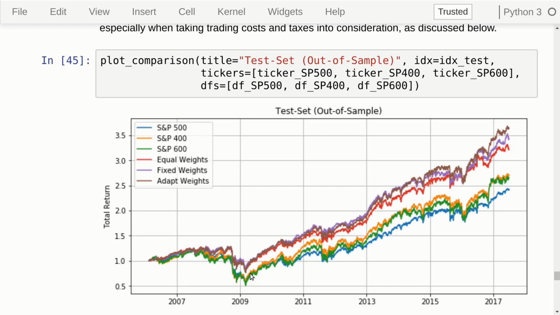That's a much better way to do it than just comparing from one date to another date, like from here up to here. Because what if you compare from this date here to, say, this date here? Maybe it looks different. Maybe the S&P 400 was better than our portfolio model.